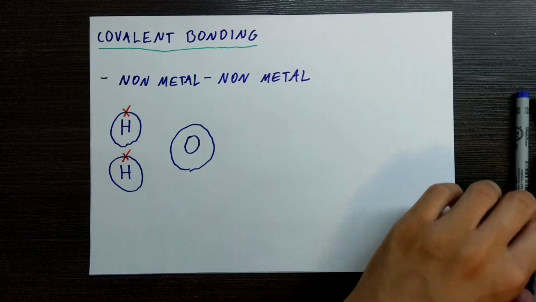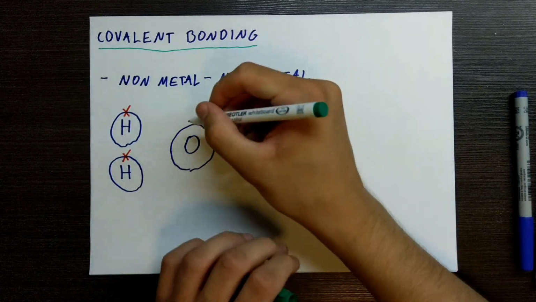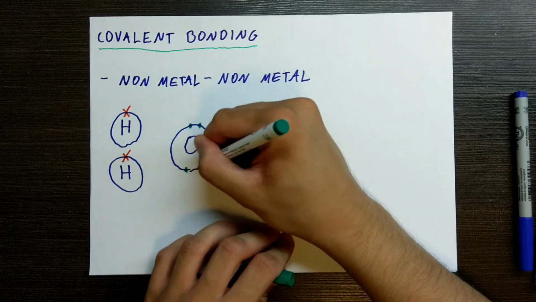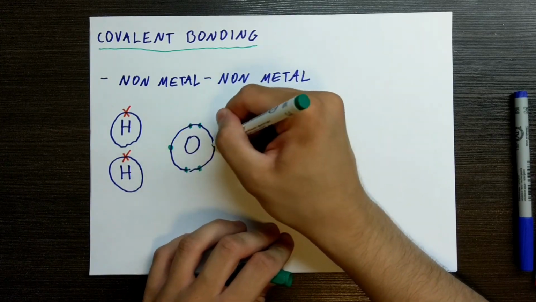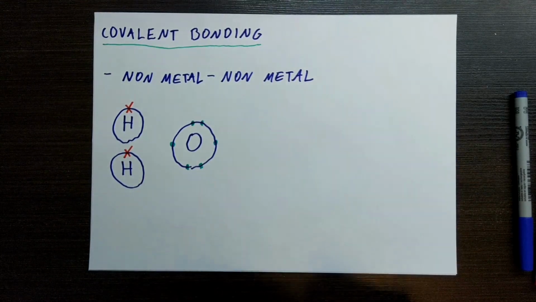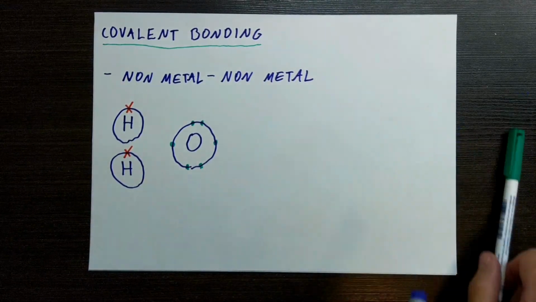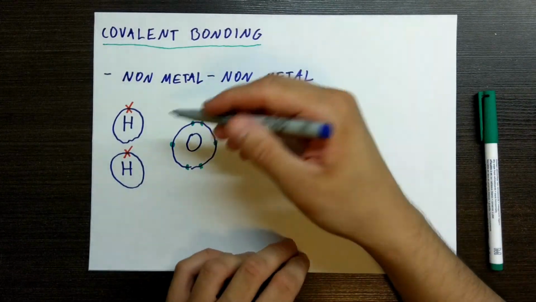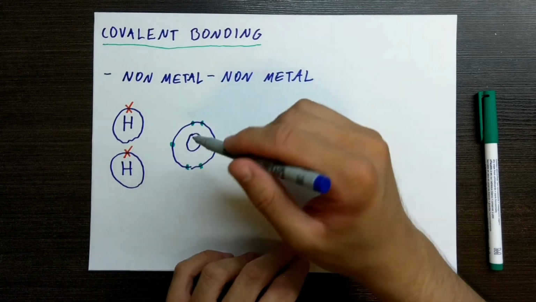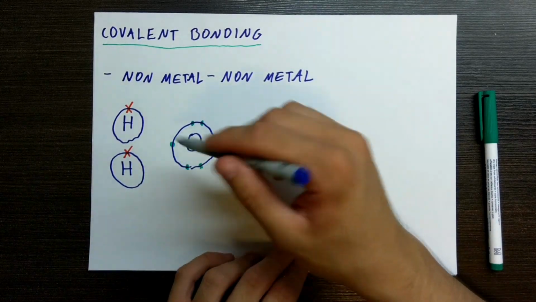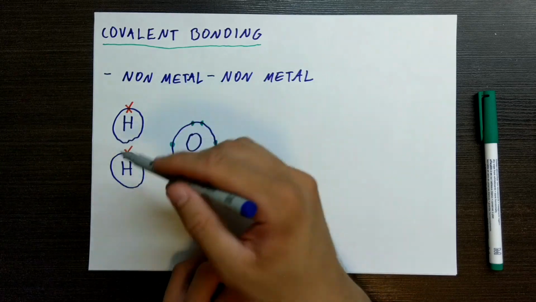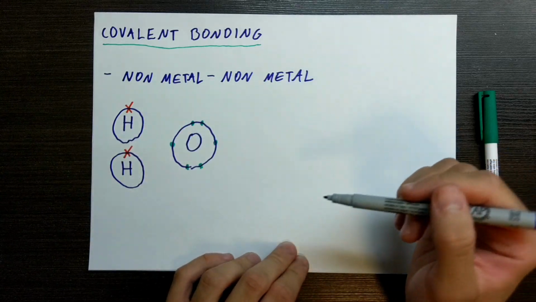Now oxygen is in group 6, therefore oxygen has 6 electrons in its outer shell. And the concept remains the same here: they are trying to fill or empty their outer electron shells. So now they need to figure out a way of doing this to have either full or empty electron shells.